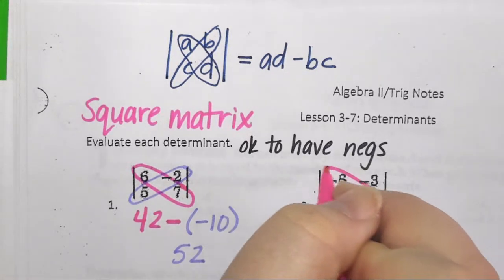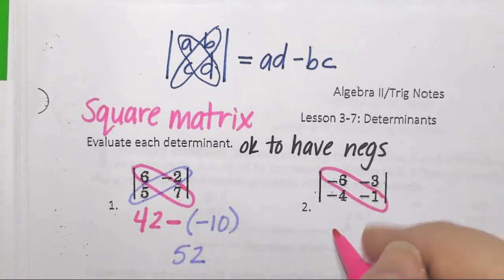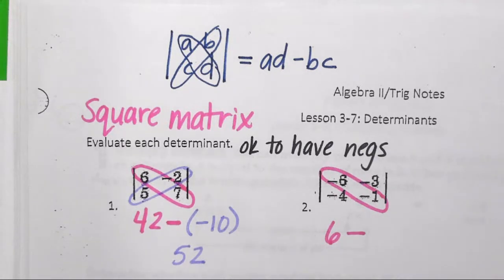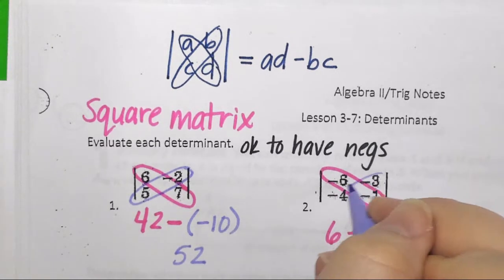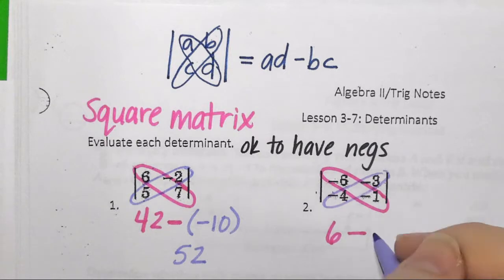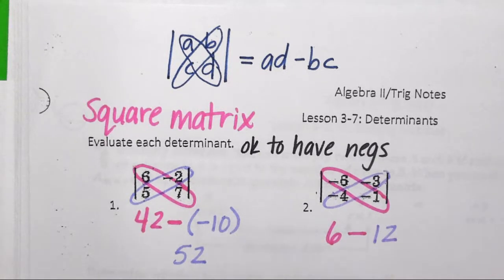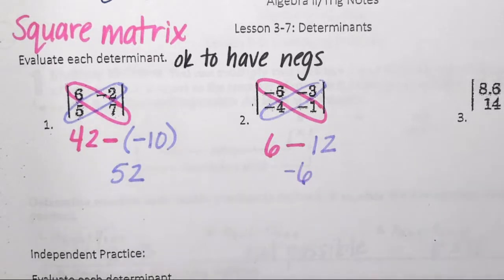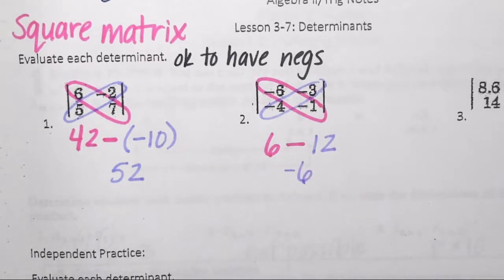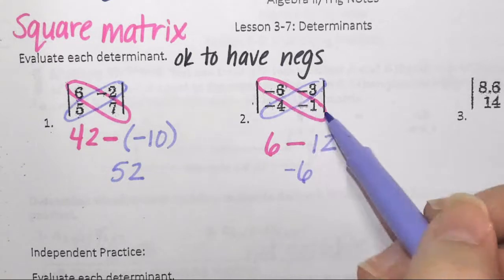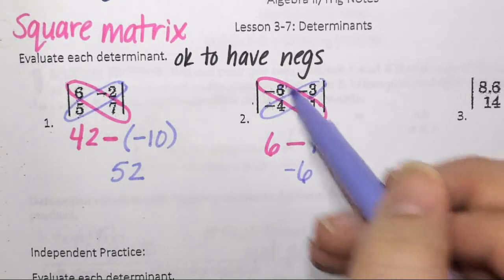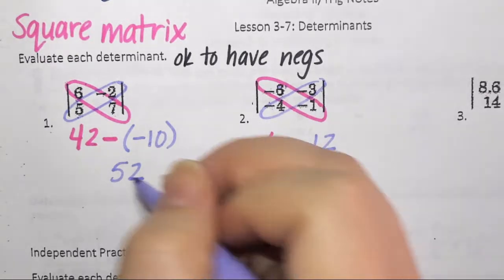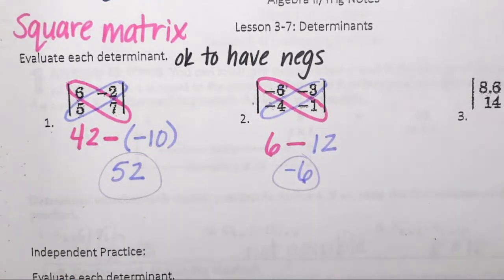Our next example, negative 6 times negative 1, we get positive 6, minus negative 4 times negative 3. I heard you, you're right. It's positive 12. So 6 minus 12, and our answer ends up being negative 6. So seriously, I'm just multiplying the 2 on the right diagonal and then subtracting from the left diagonal and getting a number, and that number is our determinant.